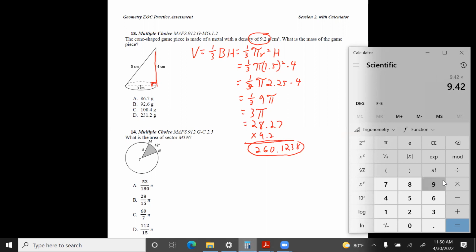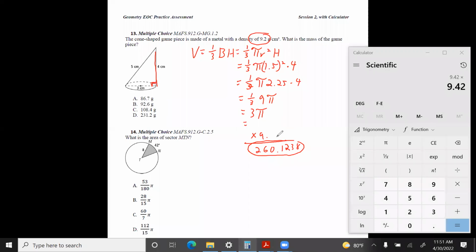I had 3. You know what? Right here, something happened. That's wrong. That's where it is. So let me erase this. 3 pi. This was way too much. It should have been 28.